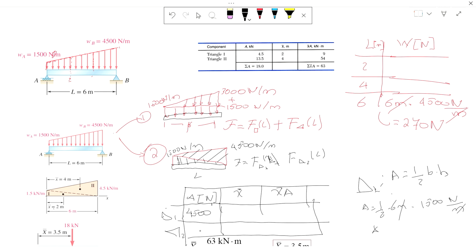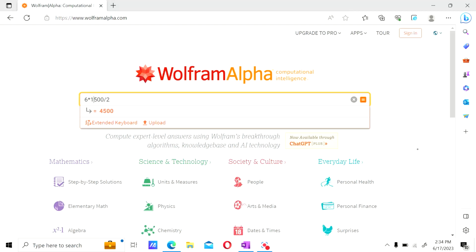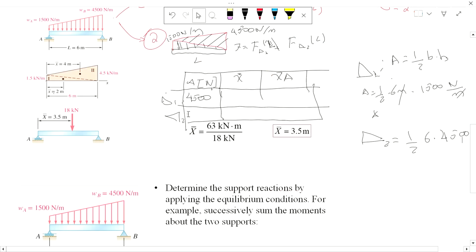Let's do area 2, now that we're doing this column. Area 2 is equal to 1/2 of base, which is the same, times height, which is 4500. So it's 13,500.